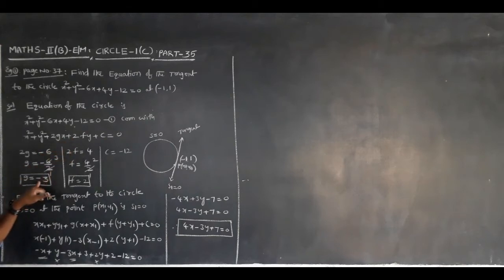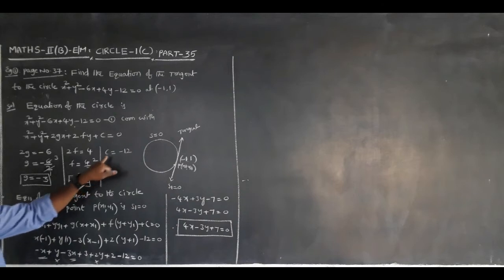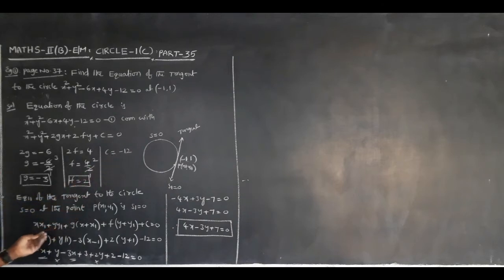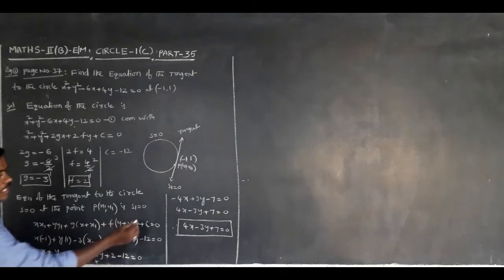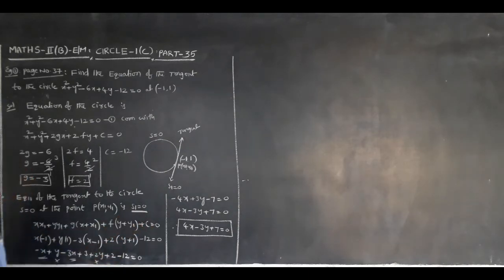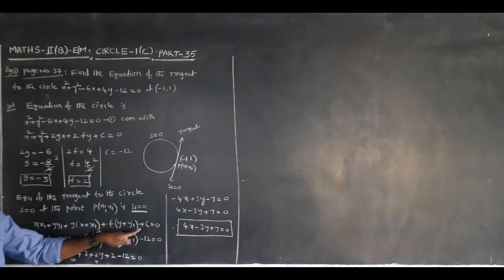Then by using the formula, the equation of the tangent to the circle S is equal to 0 at the point P(x1, y1) is S1 is equal to 0, which means x x1 plus y y1 plus g times (x plus x1) plus f times (y plus y1) plus c is equal to 0.